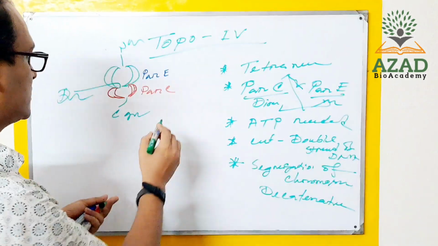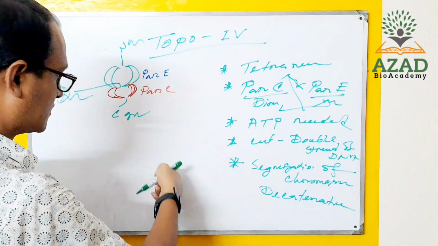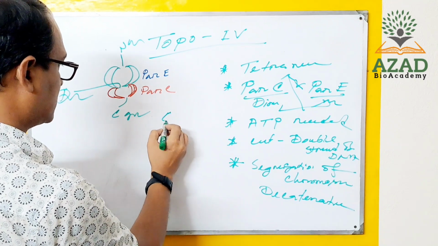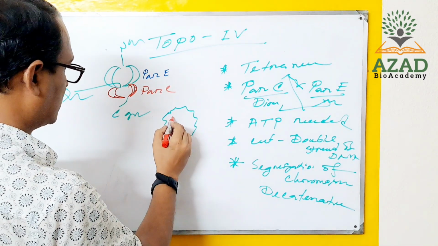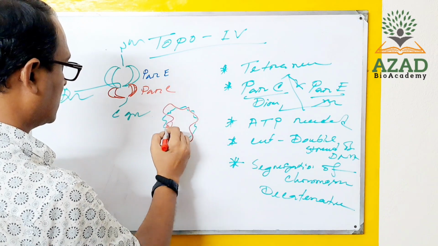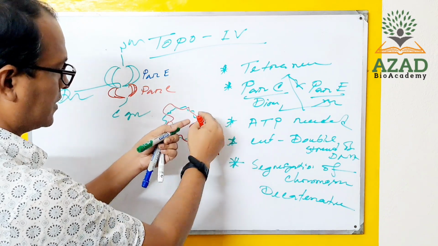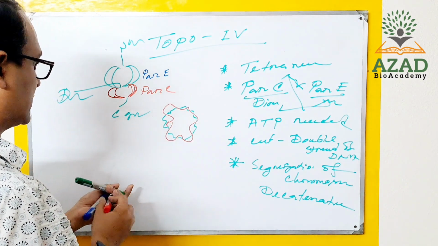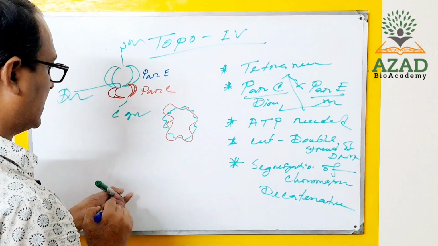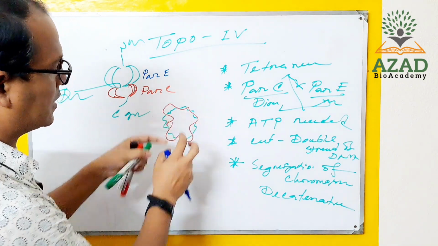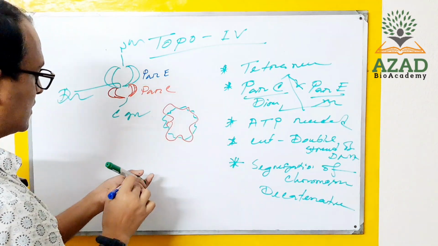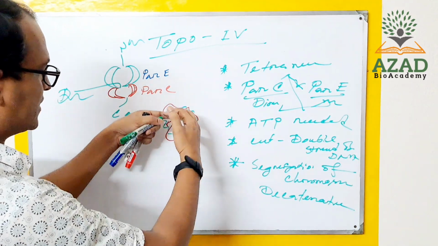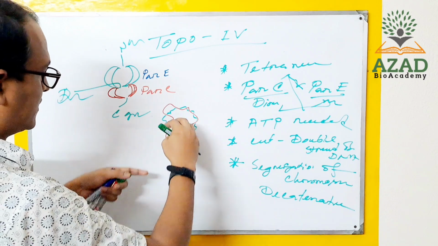I already explained this a few minutes earlier: this is your round DNA, and round DNA will unwind as part of replication, and that will make a copy, and that copy must be separated from the parent chromosome. So during separation, it will form an interlinked structure like a chain.